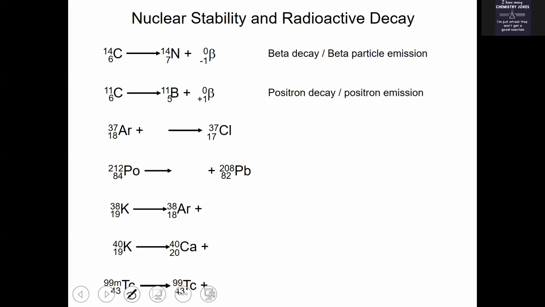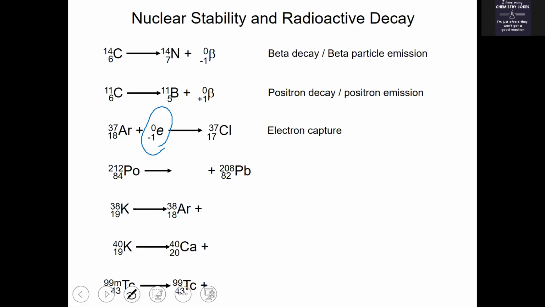So again, it's positron decay because a positron is the product. In the next one, that's called electron capture. So could you officially write this as a beta symbol? Yes, but the way we talk about it more often is electron capture and beta decay.